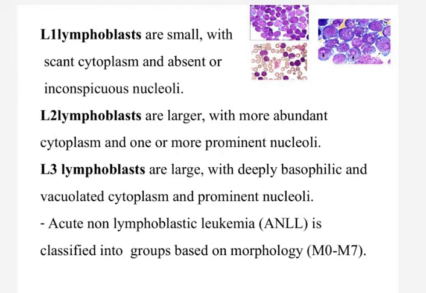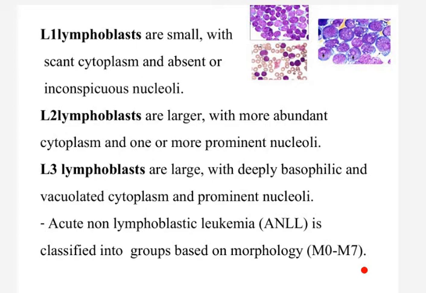L1 are small cells with scant cytoplasm and absent or inconspicuous nuclei. L2 lymphoblasts are larger with more prominent nuclei. L3 are large with deep basophilic and vacuolated cytoplasm and prominent nucleoli.